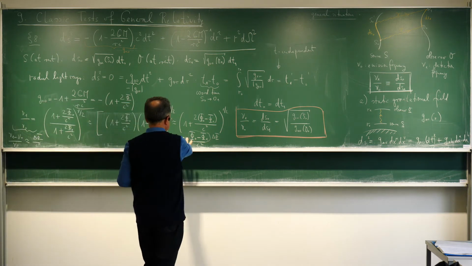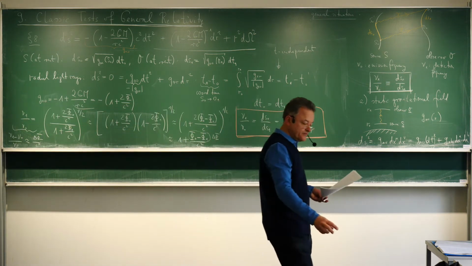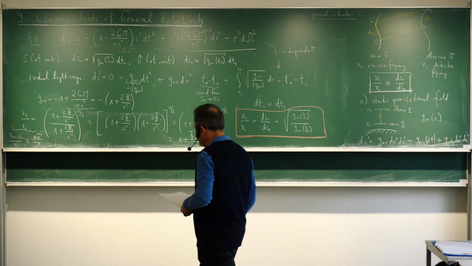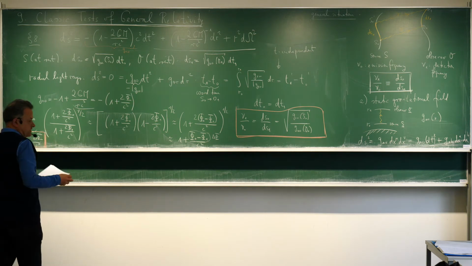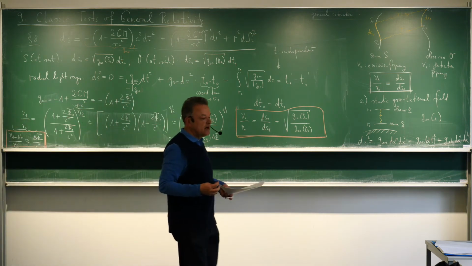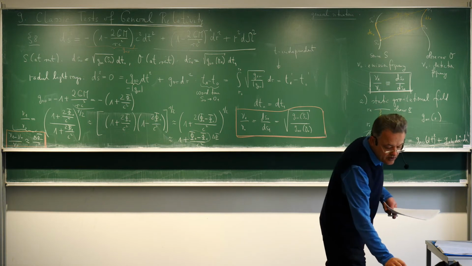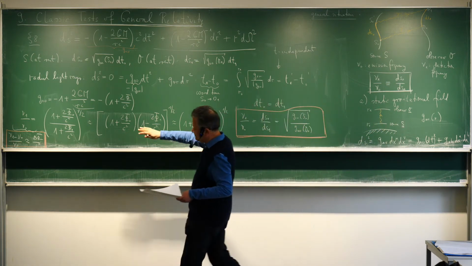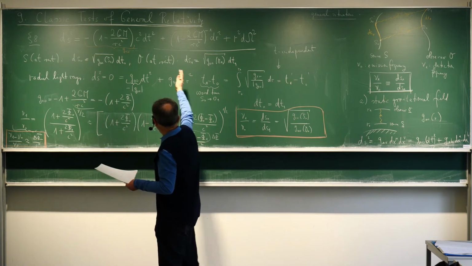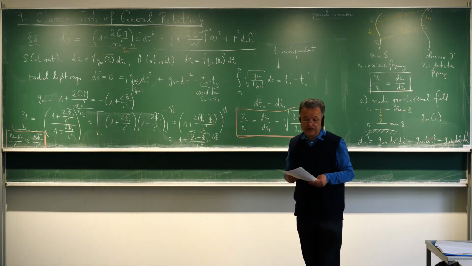So the 1 is gone in that expression. You see here that's our old result, which is for a small height in this Newtonian limit, using the equivalence principle. This is what we had guessed, and you see the exact calculation justifies this result.